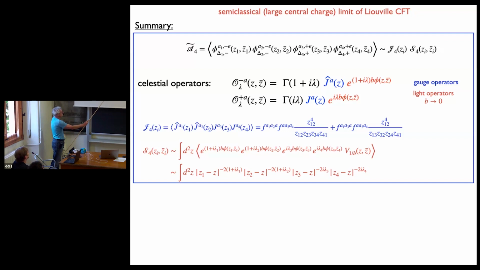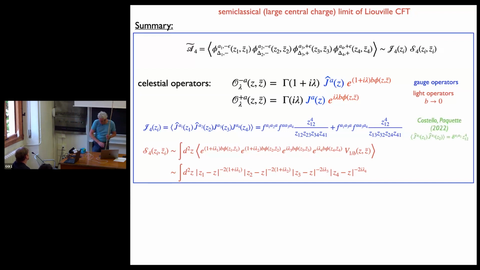So you need an extra operator to saturate, so to get the right background charge. It looks like a Koba-Nielsen-like type of, or Shapiro-Virasoro type integral. And then you do this integral, it can be rewritten and looks like this amplitude in the dilaton background. And then you have this additional gauge current factor, which is standard, let's say, looks like from a standard gauge current algebra, for example, from heterotic string theory.